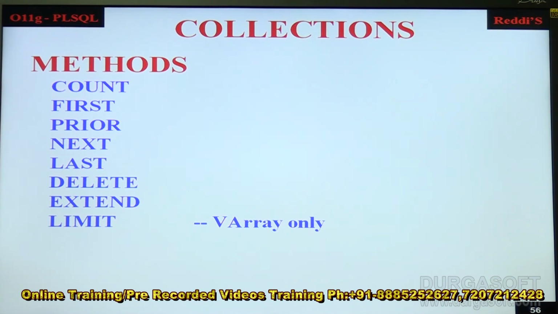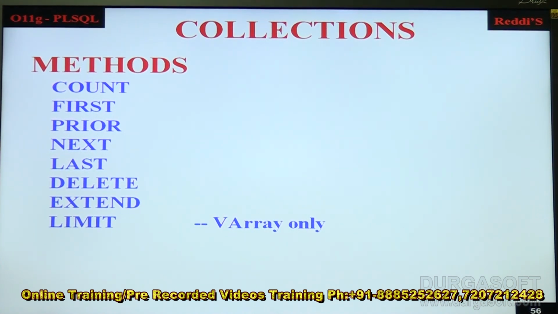Another method is extend of 1, 5, or 3, 10. In this method, when we say 1, 5, the first one is the position and the second one is the number of elements to be extended.